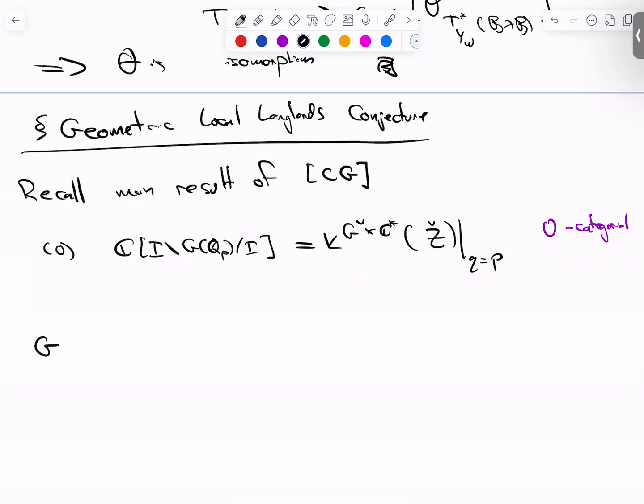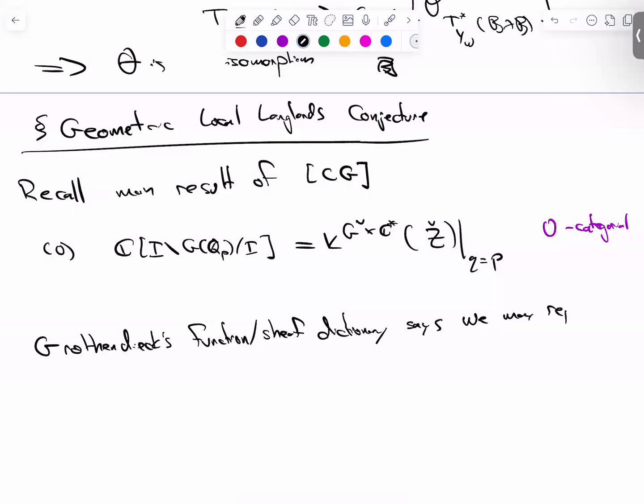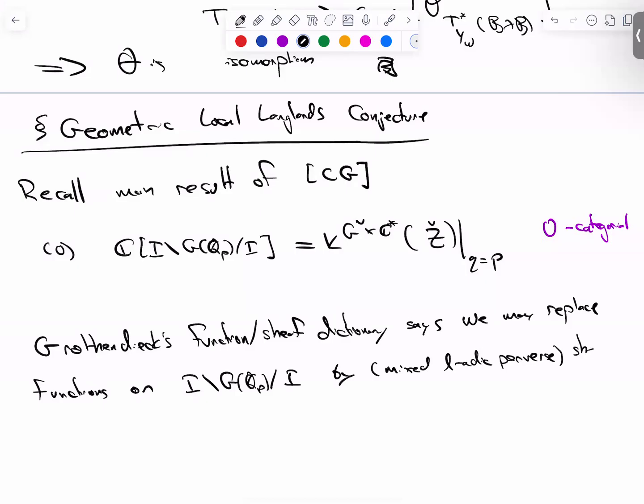First, on the left-hand side, we know by Grothendieck's function-sheaf dictionary that we may replace functions on the double quotient by sheaves on the affine flag variety.